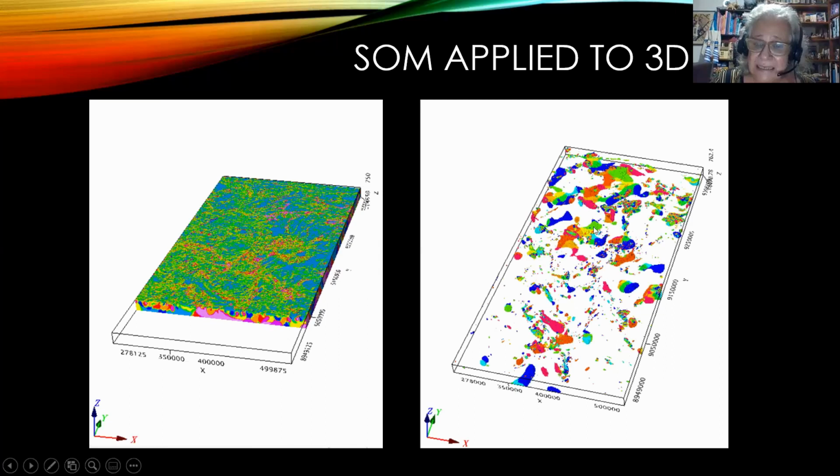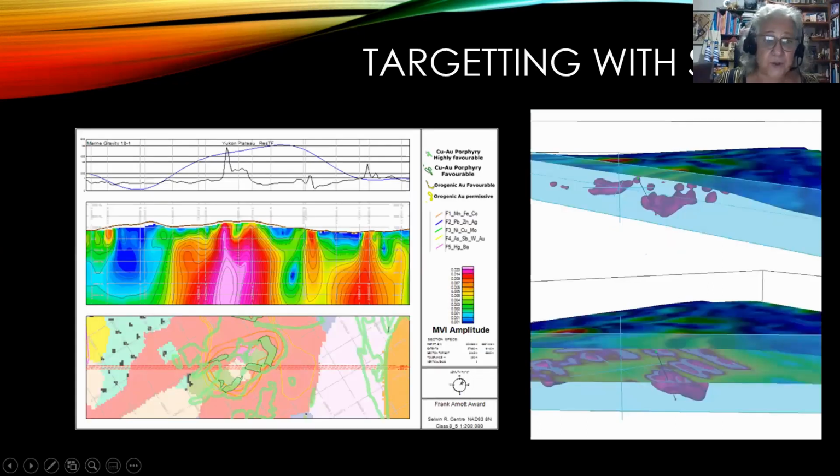So this really is a very good tool for targeting, because where you see several different classes, those are the most interesting areas, the targets that you can propose using this.